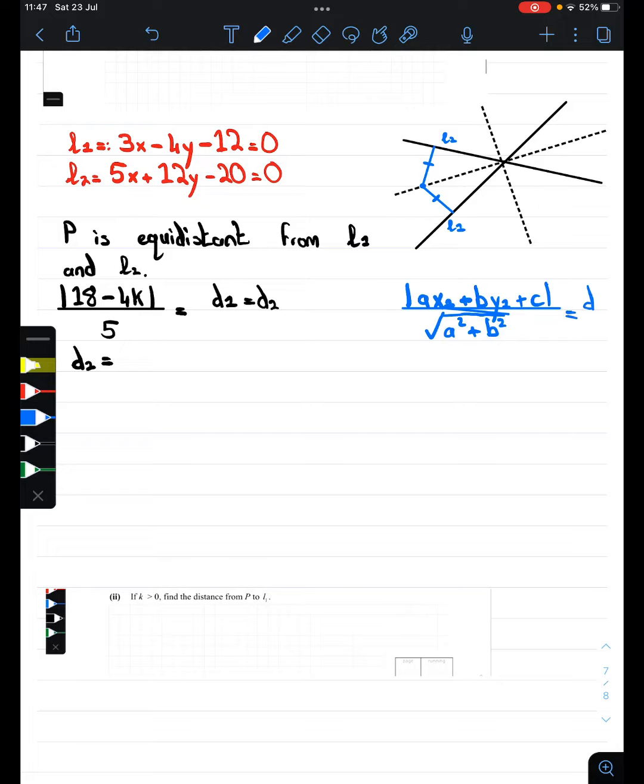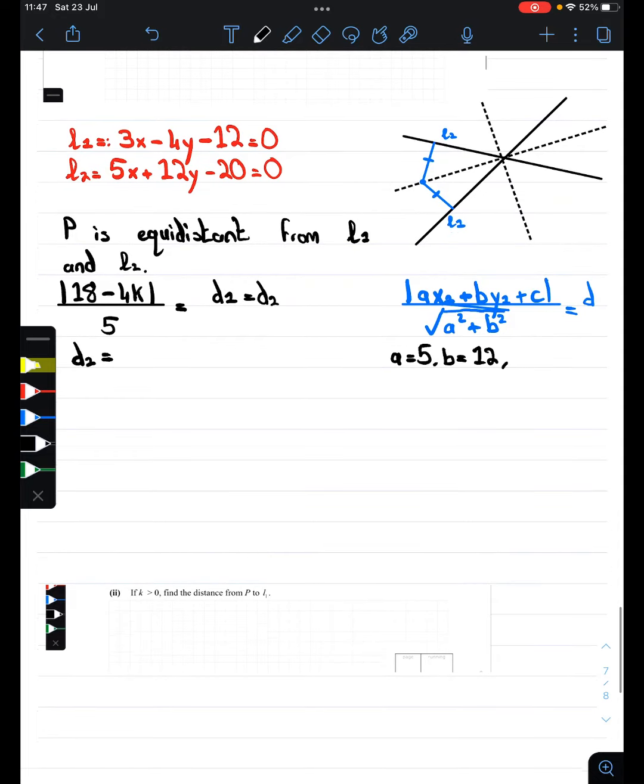In this case, a equals 5, b equals 12, c equals minus 20, and x1 equals 10, y1 equals k.